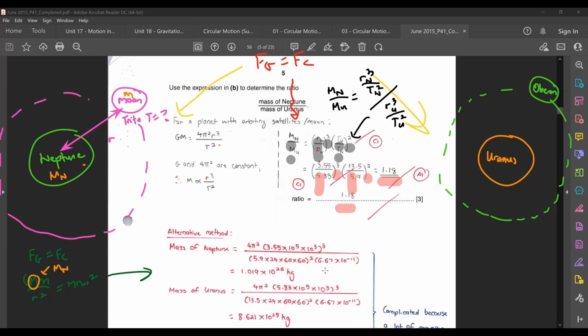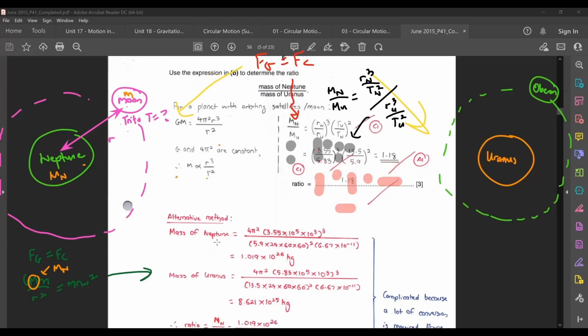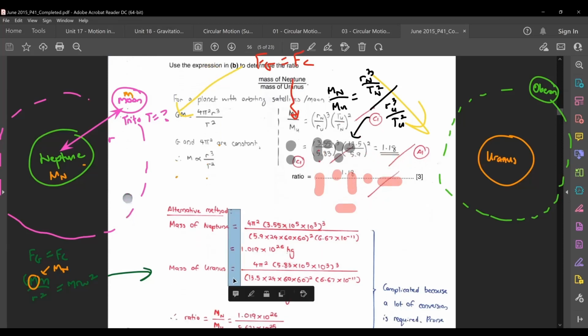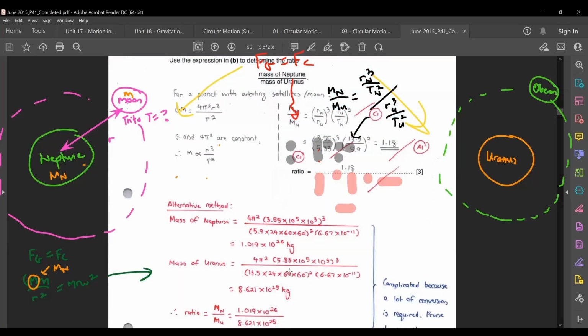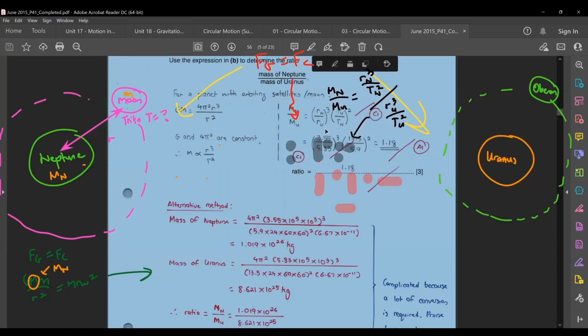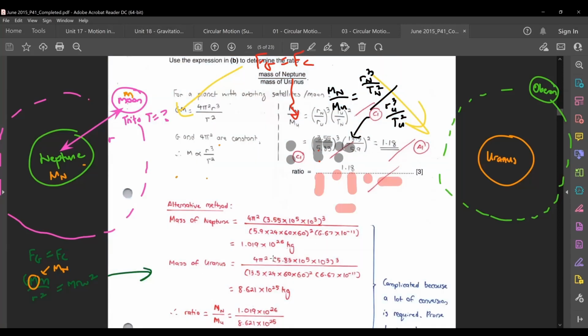Okay, there's actually a more complicated method where you find out individually the mass of Neptune and the mass of Uranus, but that one will be a lot more complicated and a lot more tedious because you have to do your conversions of units, where you convert from kilometer to meter and then days to second. So this one is not really recommended.